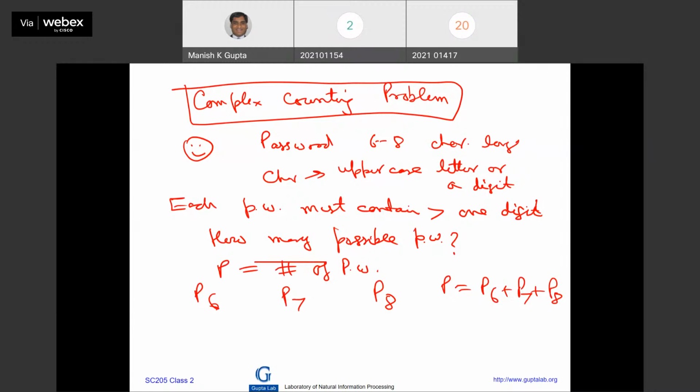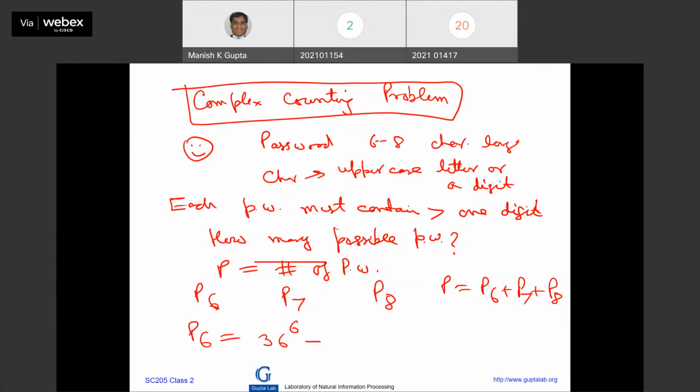Now the first thing is P6. For length 6, the total possibilities will be 36 raised to power 6, because I have 6 boxes to fill with 36 choices each, 36 into 36 into 36, 6 times. Why 36? 26 alphabets plus 10 digits, which is 36, right?